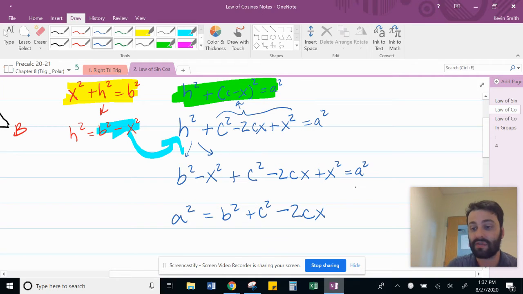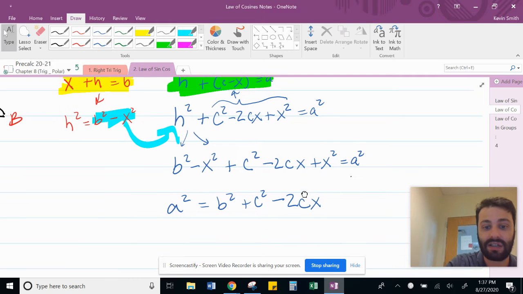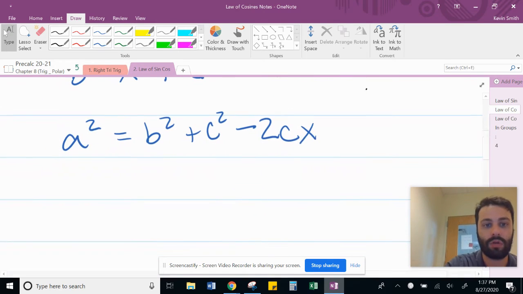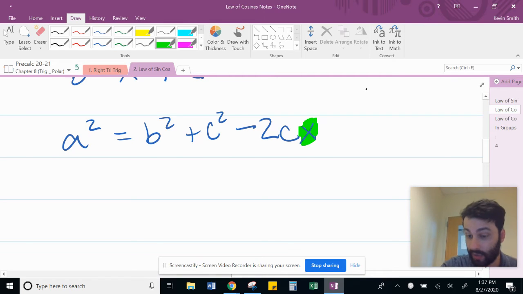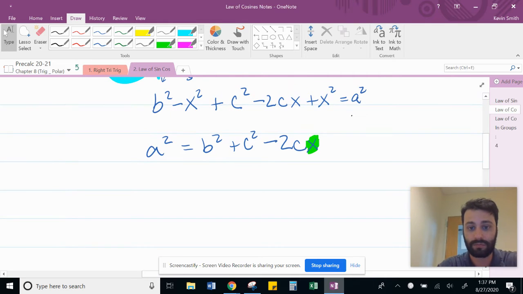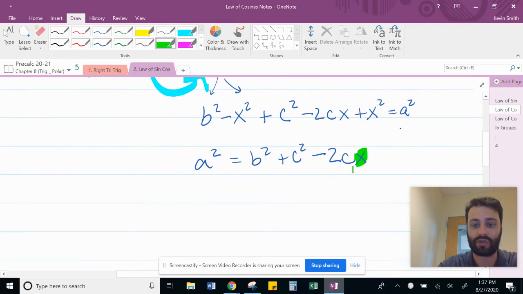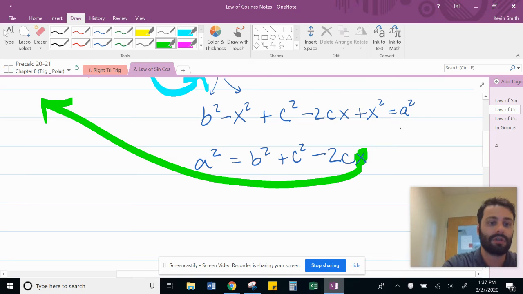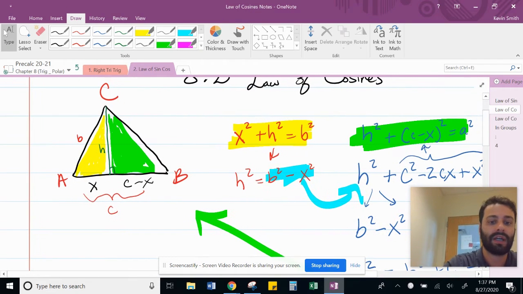This formula isn't really helpful to us yet because we don't know what this x is, so we have to find a way to replace this x. Let's go back to our original triangle and look at the yellow side. We want an equation that has x in it so we can replace it.